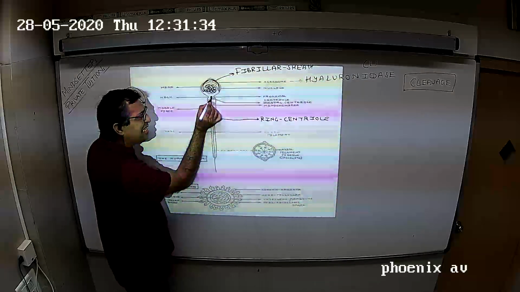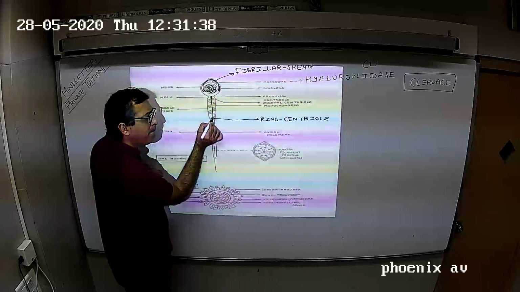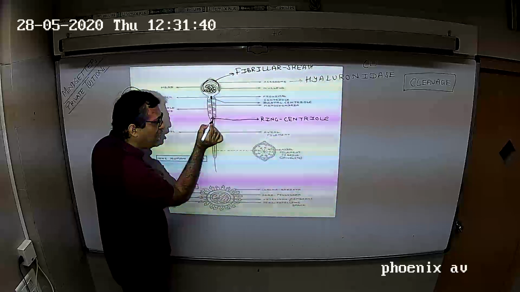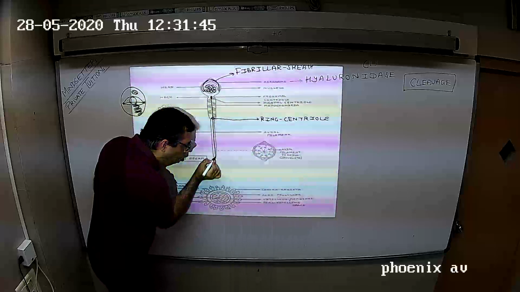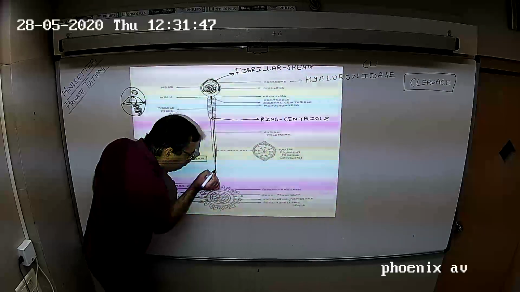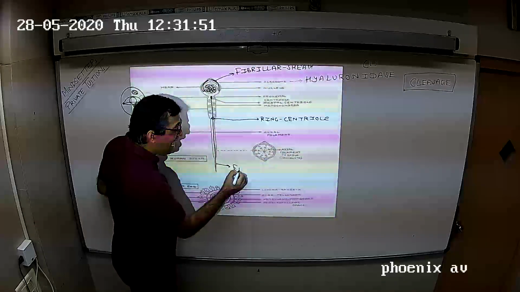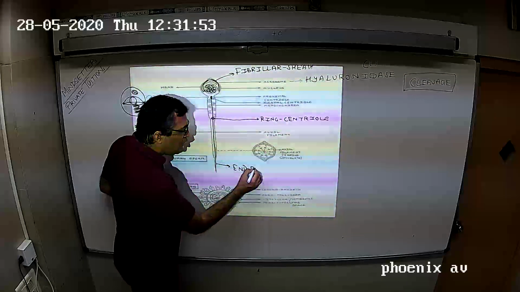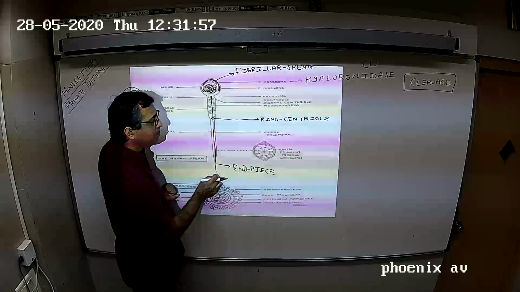From the distal centriole, spindle fibers arise downward, pass through the ring centriole, then pass through the tail and go all the way out of the sperm and form a structure which is called the end piece. So this is the end piece of the sperm.